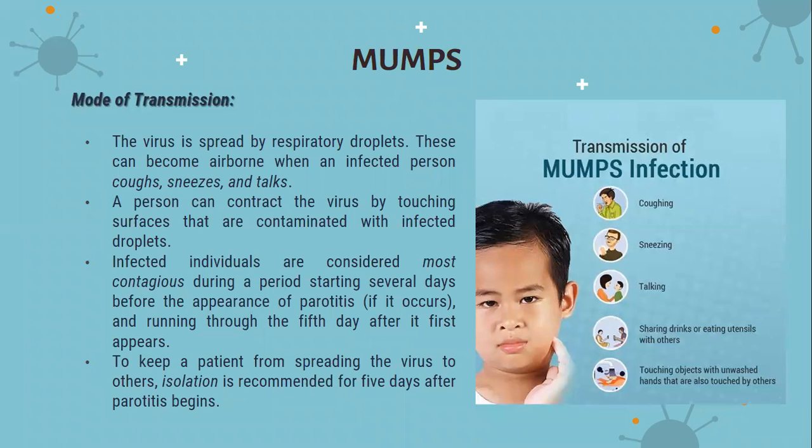The transmission of mumps infection, as I said earlier, is through coughing, sneezing, talking, sharing drinks or eating utensils with others, and touching objects with unwashed hands that are also touched by others. So this is the mode of transmission, how you acquire it.